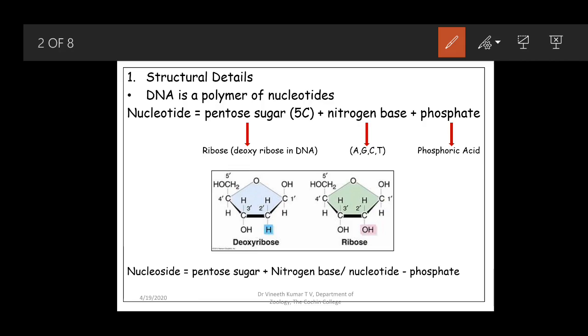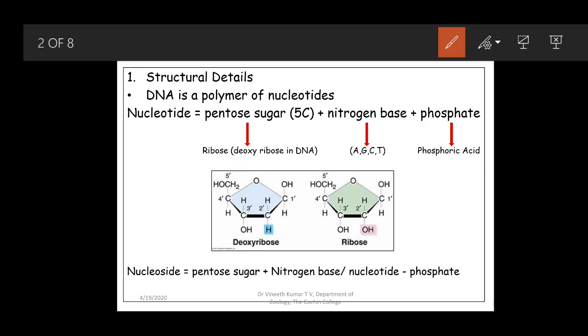They are adenine, represented by A, guanine represented by G, cytosine represented by C, and thymine represented by T. In RNA, this T will be replaced by uracil, represented by U. And the third component of a nucleotide is a phosphate, which is in the form of phosphoric acid.